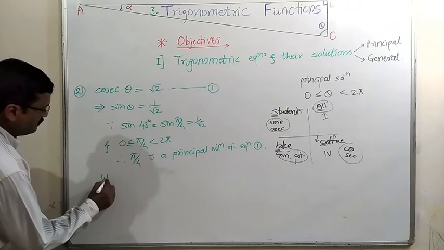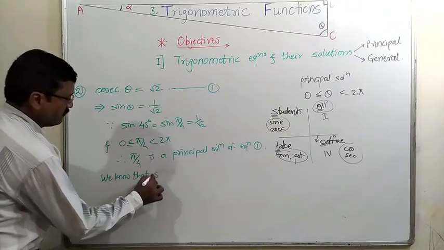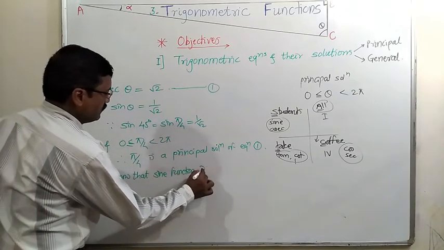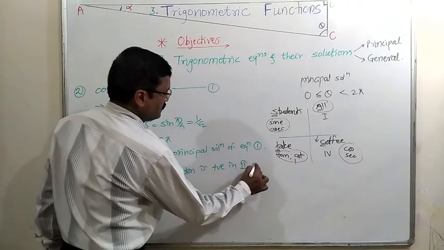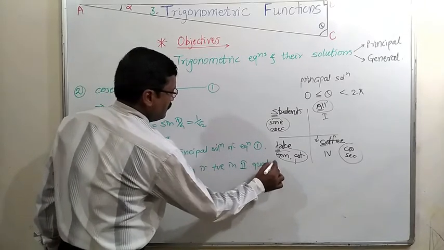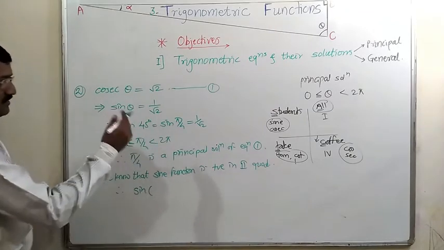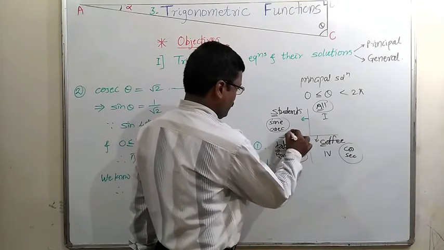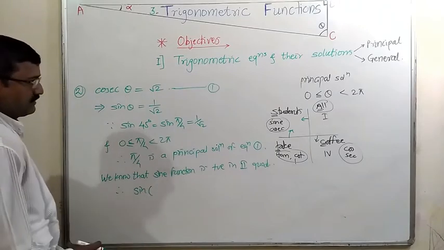We know that the sine function is positive in the second quadrant, therefore in the second quadrant we can take pi by 2 plus or pi minus. Let us take pi minus.